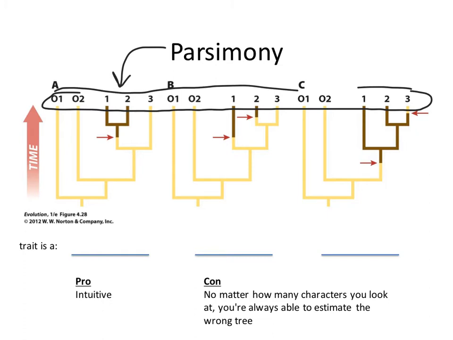So if the tree in tree A is the correct structure, the correct shape, representation of species and how they're related, what is that trait? The evolution of brown that's shared between 2 sister species. Brown coat color would be, so this is not convergent evolution.